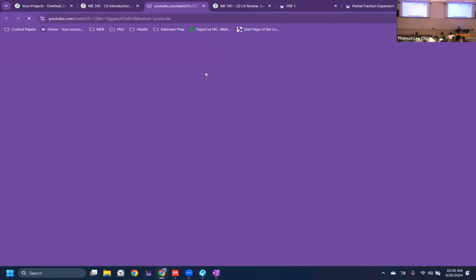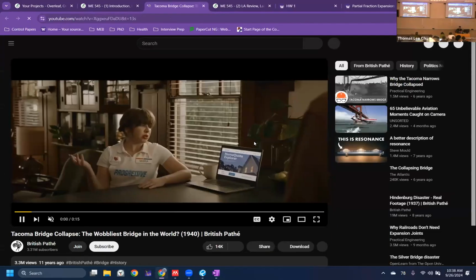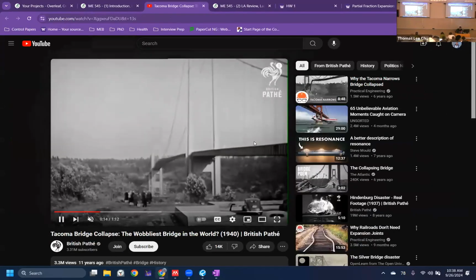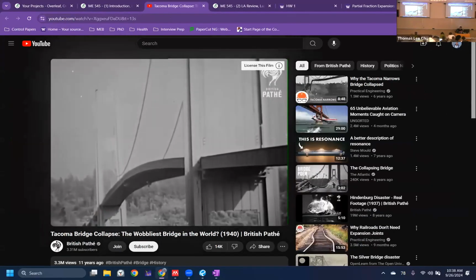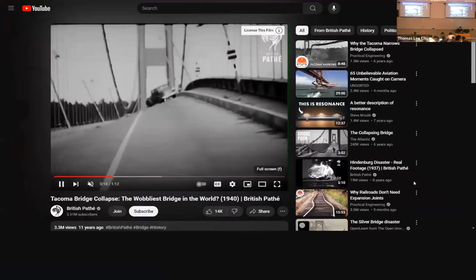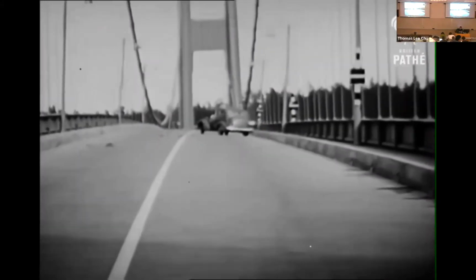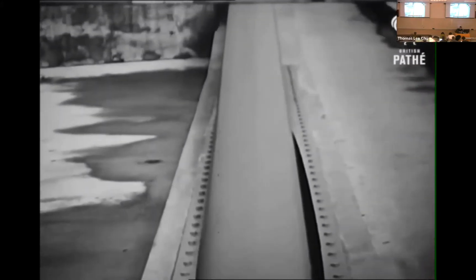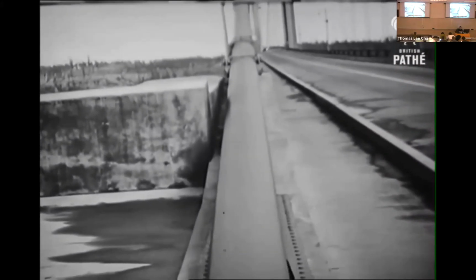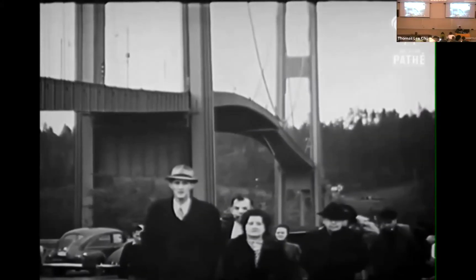So if you look at the Tacoma Bridge, what's happening here is some civil engineer messed up and didn't figure out the natural resonance of this bridge. And what's going on is that the energy being put into this bridge from the wind is not being dissipated fast enough.